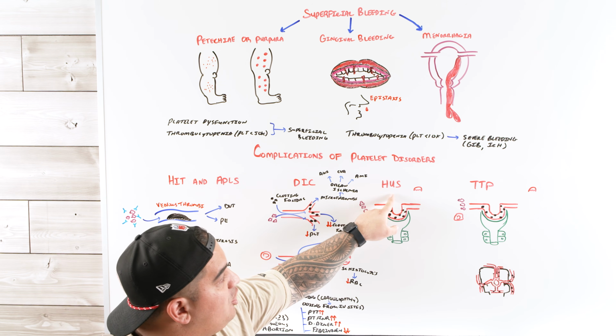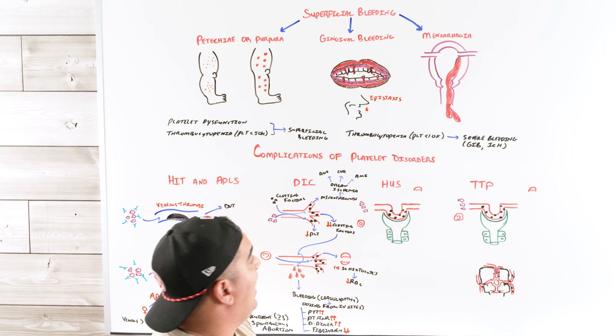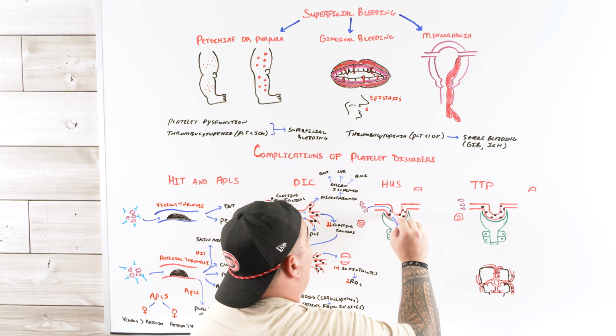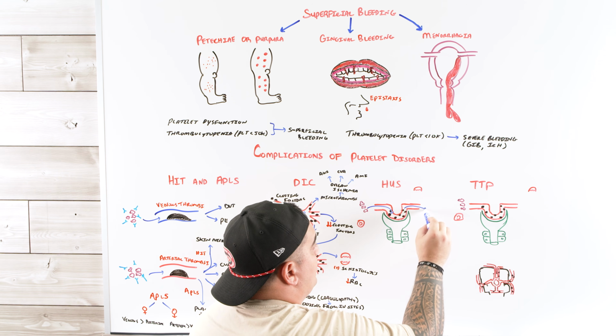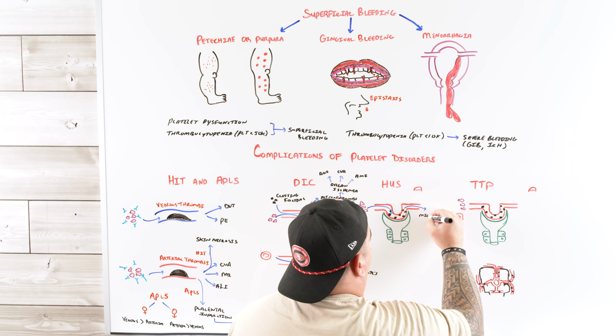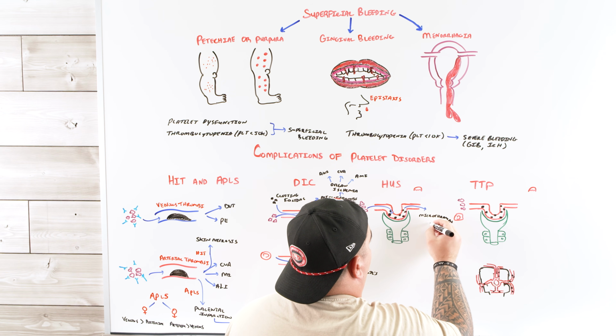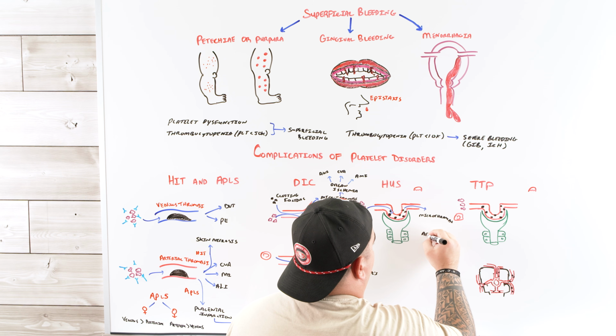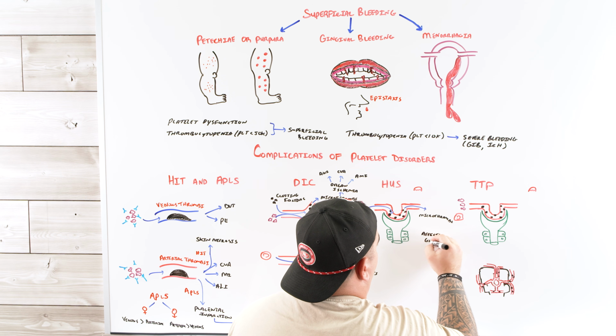When you compare that with HUS, they have a diarrheal illness. Again, they consume platelets to make these microthrombi. So they get microthrombi here, but these microthrombi are in the glomerulus. So this affects the glomerulus.